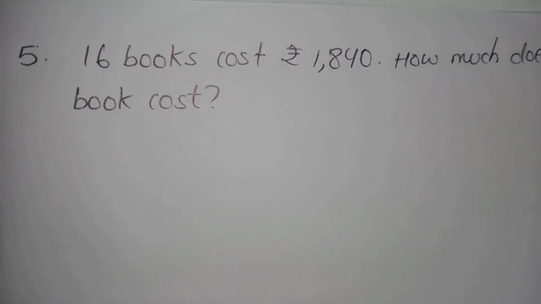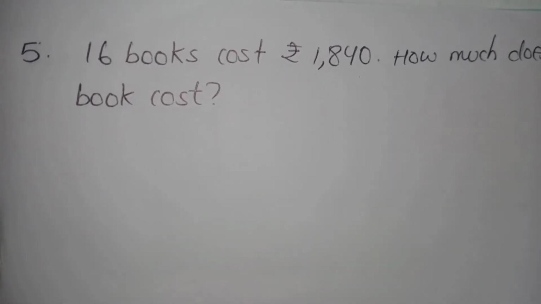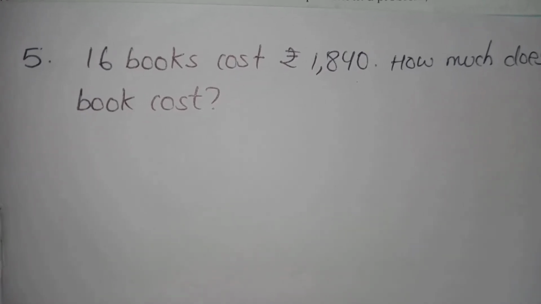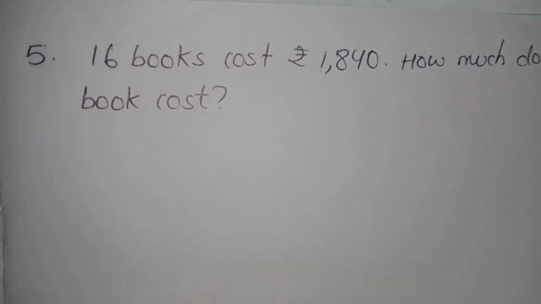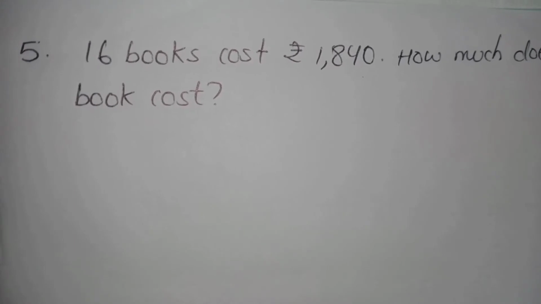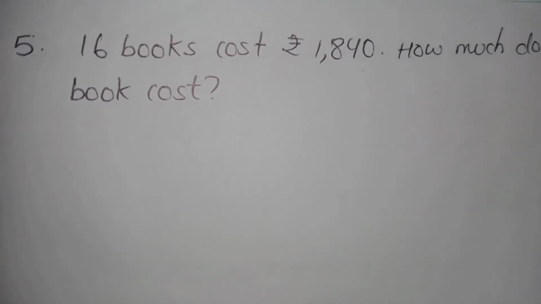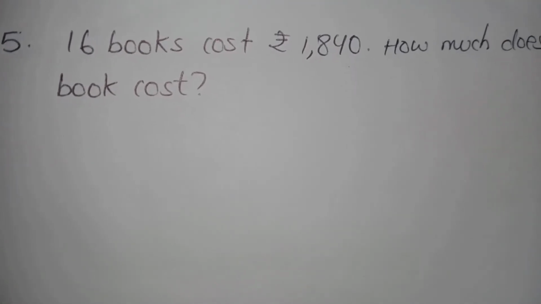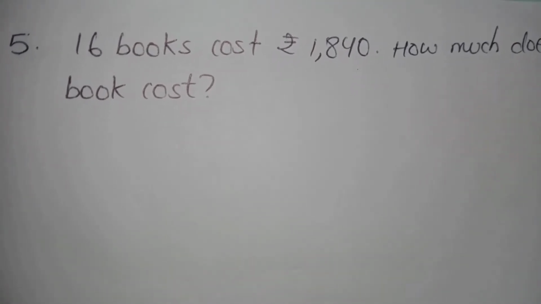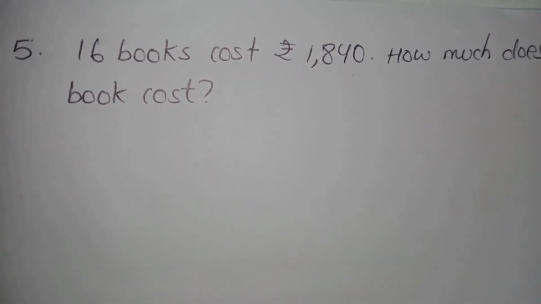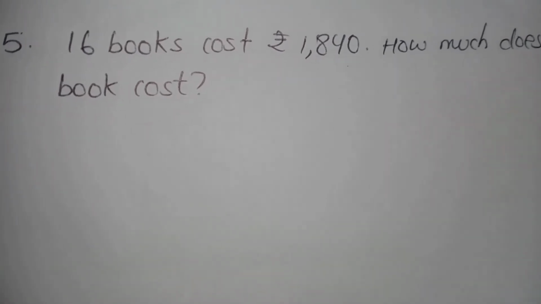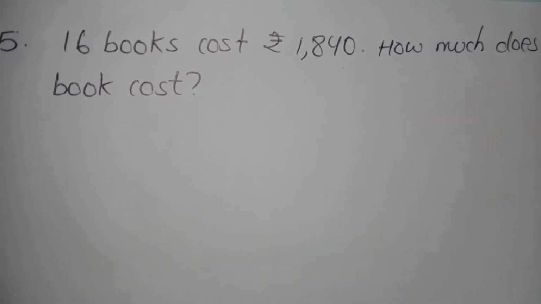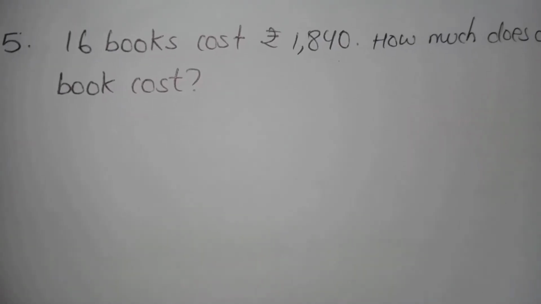What you will do is divide the total rupees, 50, by how many chocolates you have bought, 5 chocolates. So 5 tens are 50. So the cost of one chocolate is 10. So to find the cost of one thing, or whatever the question is asking for one, we have to divide.